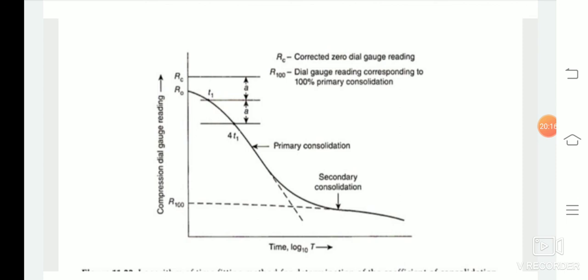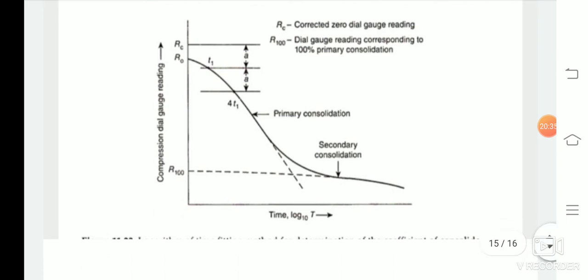Here small d is the length of the drainage path and h is the average thickness of the soil specimen in the given stress increment. This logarithmic time fitting method requires the time dial gauge readings in the secondary consolidation range beyond 100% degree of consolidation.